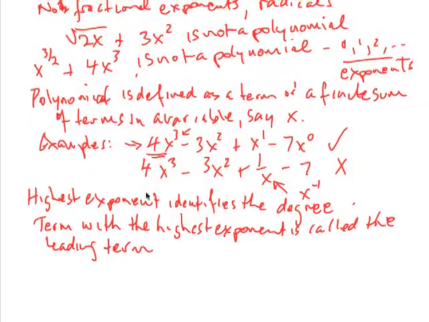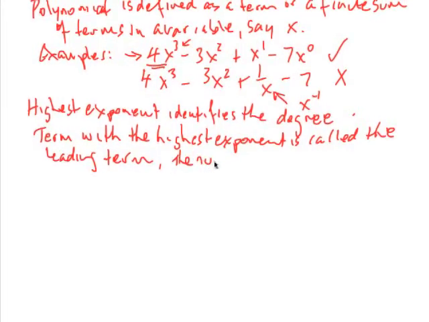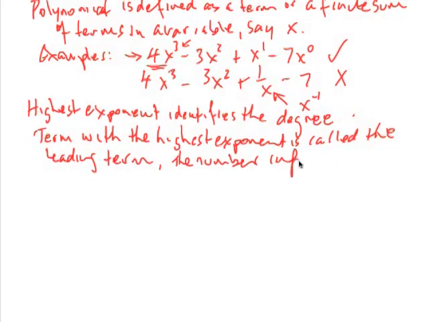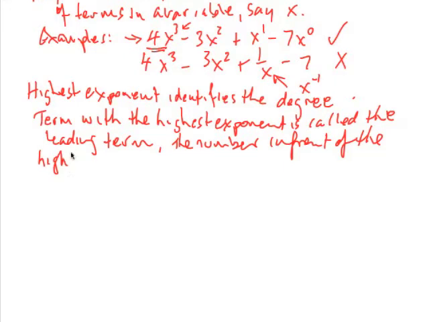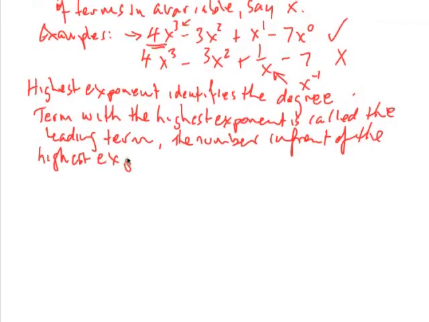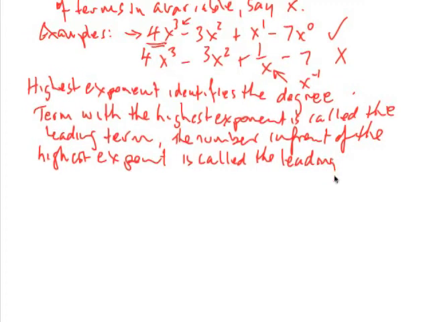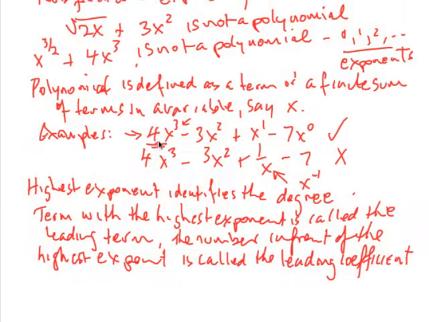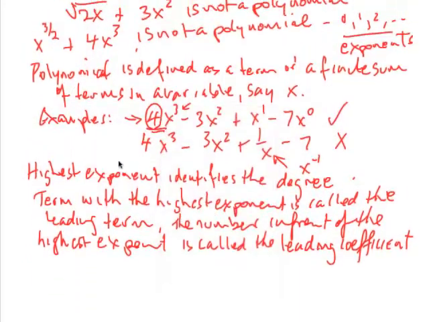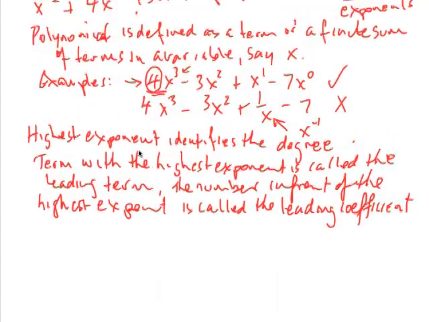So in this case up here, the 4x cubed is the leading term. And the number in front of the highest exponent is called the leading coefficient. So up here, the leading coefficient would be 4. Right, so we now know how to do these sorts of things.